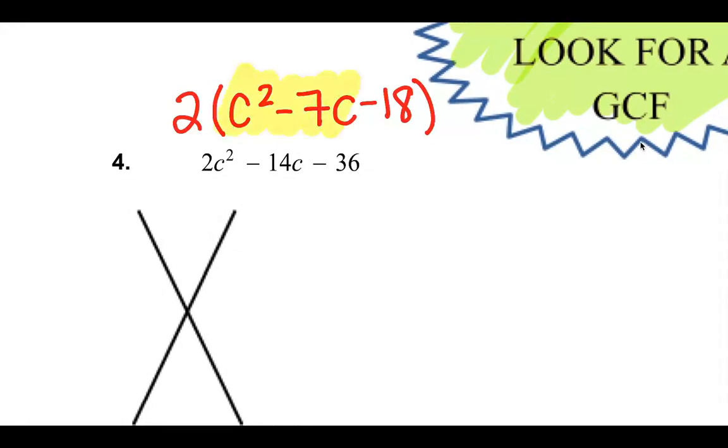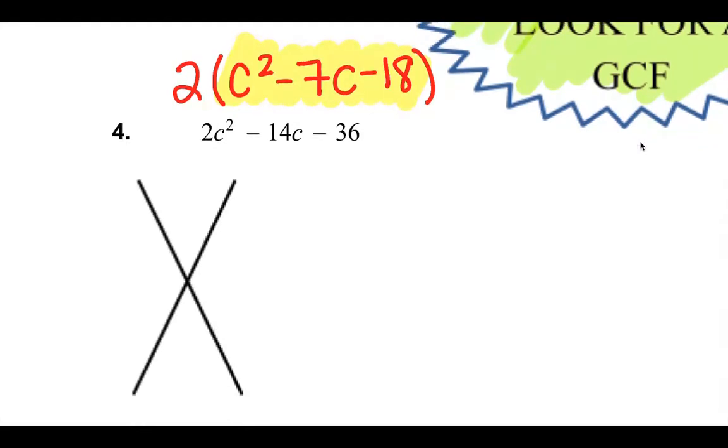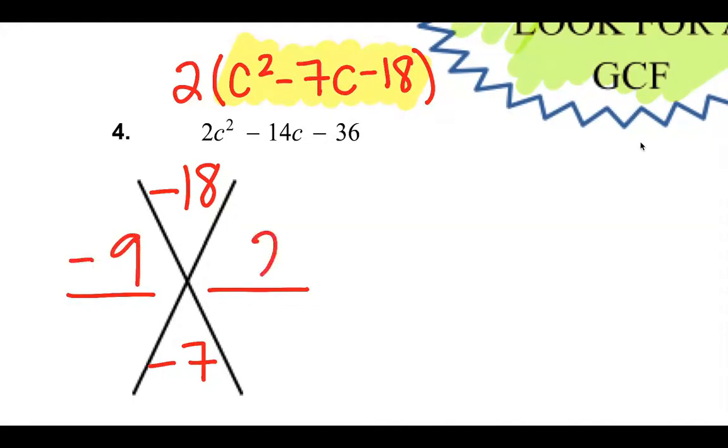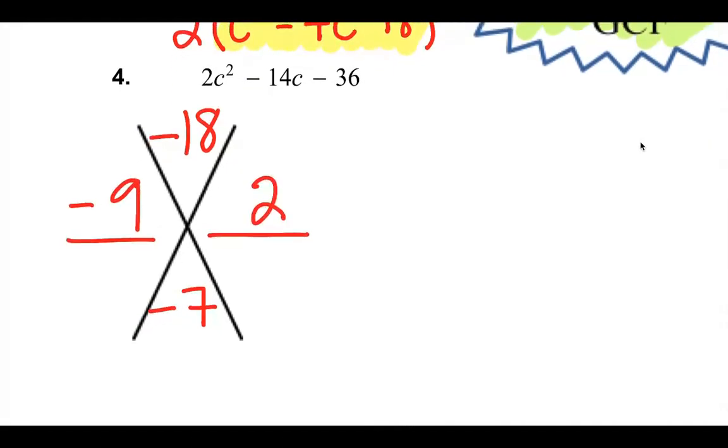Ignore that 2. So again, 1 times negative 18, A times C, gives me negative 18, and then bring down that negative 7. What multiplies to negative 18 and adds to negative 7? I'm going to have negative 9 and 2, right? Negative 9 times 2 is negative 18. Negative 9 plus 2 is negative 7. And there we have it.